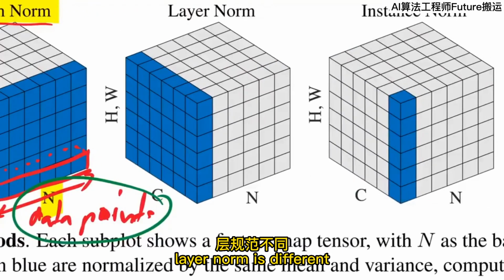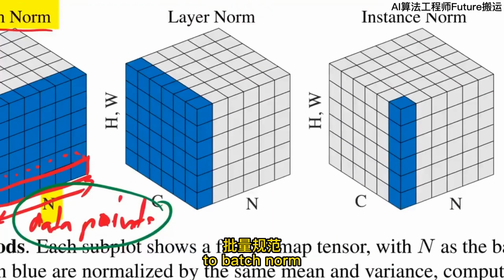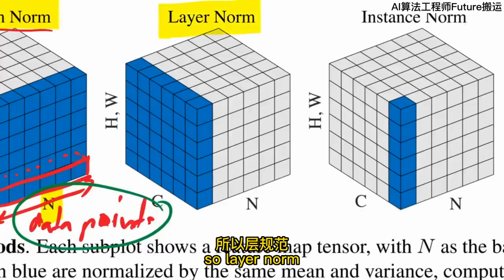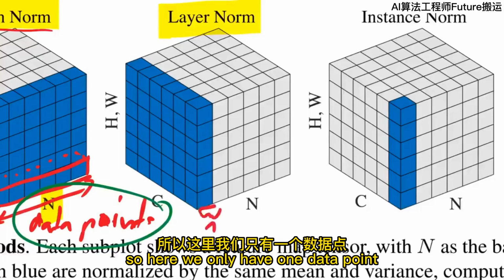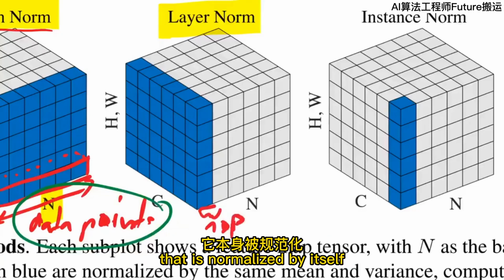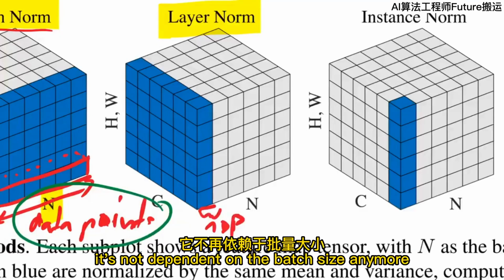Layer norm is different. Layer norm has basically been proposed as an alternative to batch norm with the same reasoning that this paper has. So layer norm, as you can see here, does each data point individually. So here we only have one data point that is normalized by itself. You do this for each data point independently, and therefore it's not dependent on the batch size anymore.